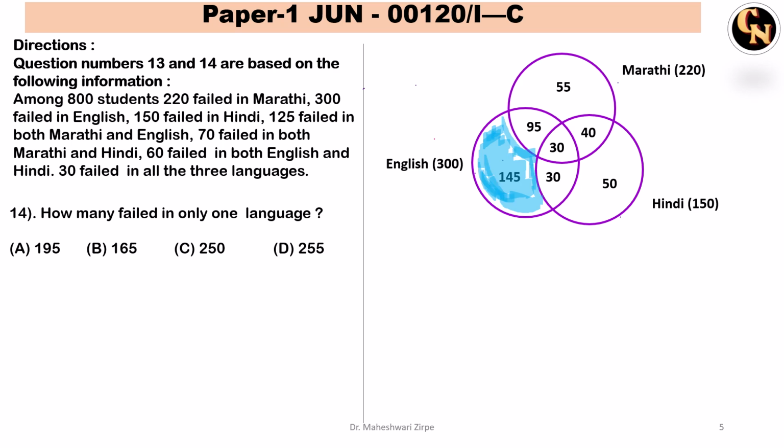145 for only English. Okay, the highlighting is this many have failed only in English. Similarly, if I show for Hindi, 50 students have failed only in Hindi.